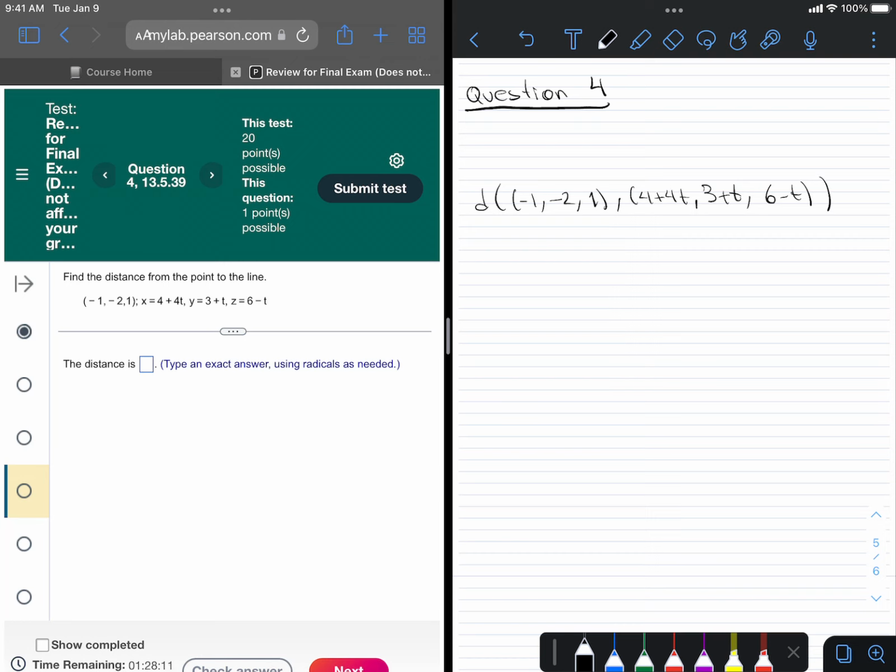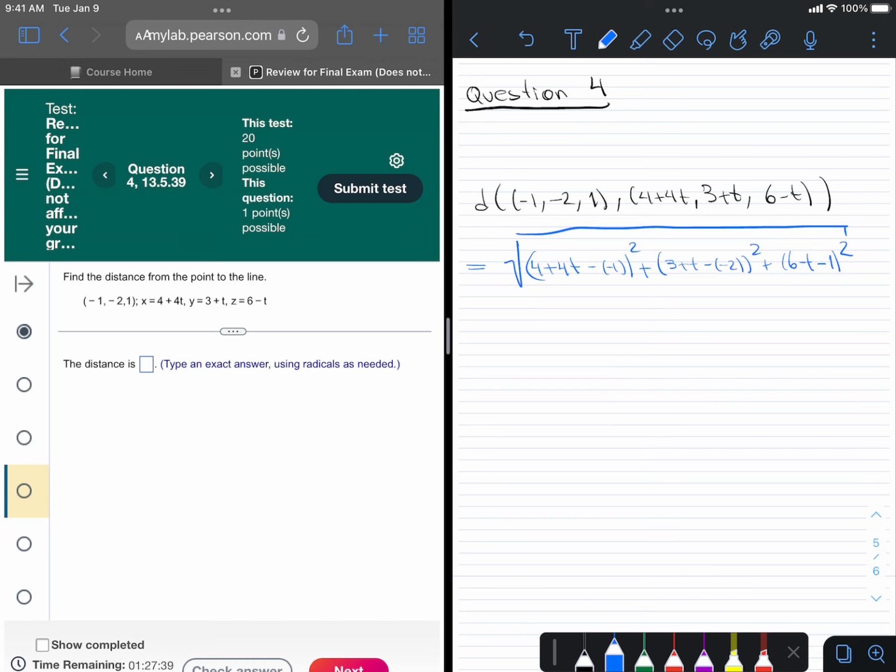As we know, that will be the square root of (4 plus 4t minus 1) squared, plus (3 plus t minus 2) squared, plus (6 minus t minus 1) squared, and the square root of that.